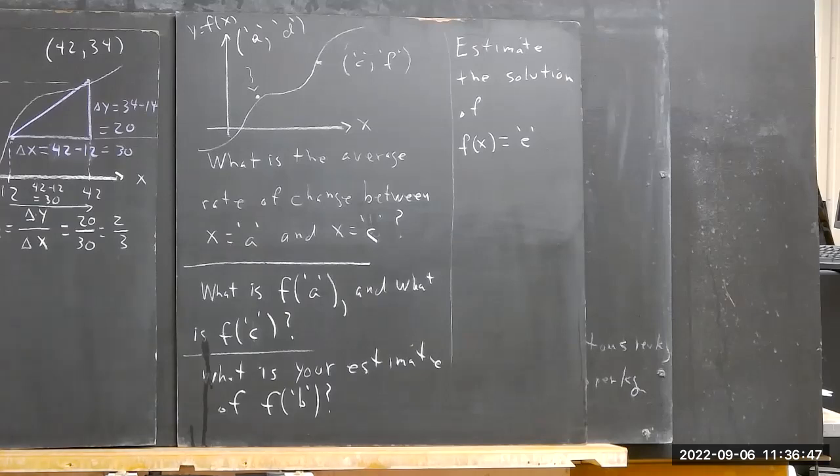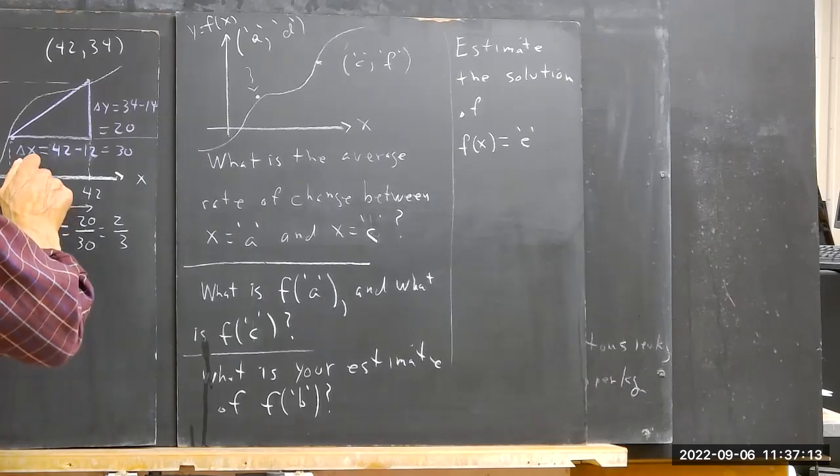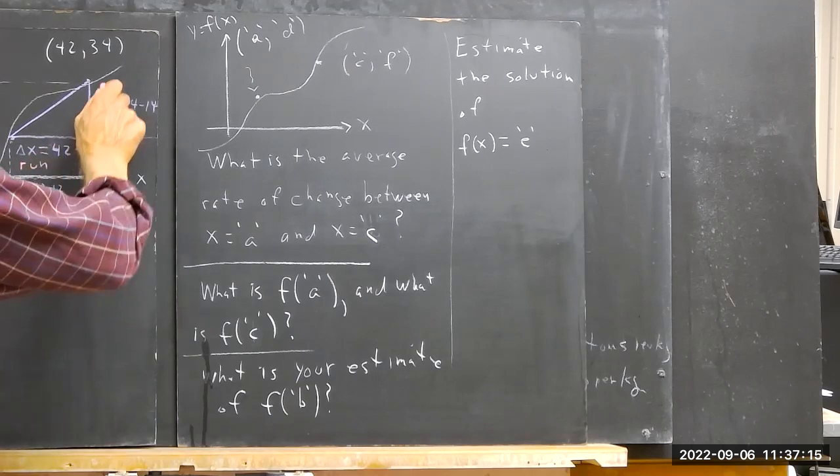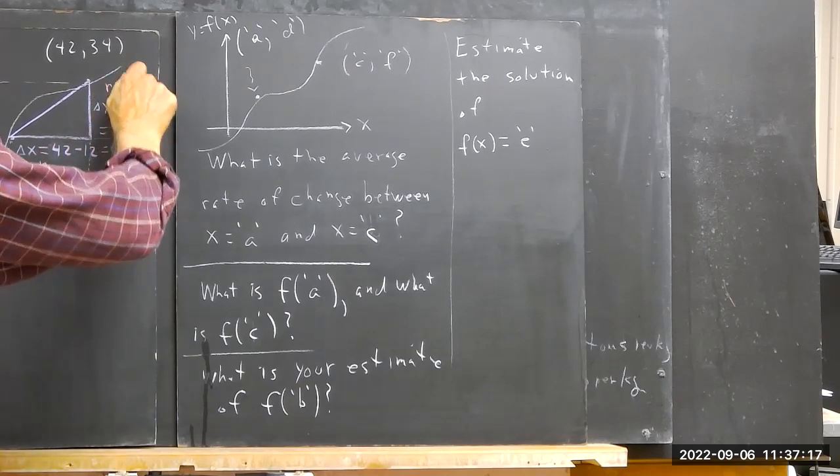And, okay, what's the rise here? But the rise in my case is 20 and the run is 30, right? So I'm just going to make a little note. We haven't really talked that much about slope. Okay. But the rise is right here. It might help. But this is the run. This is the rise.